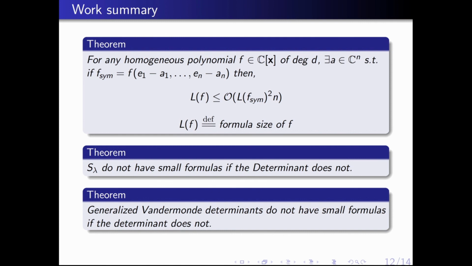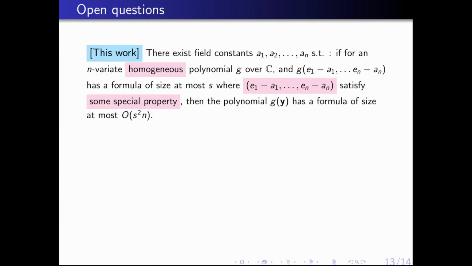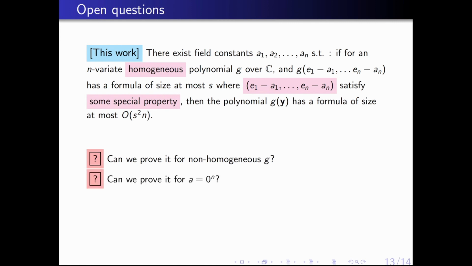And now let's look at the open questions that we pose. Recall this result that we have already seen. Here we would like to know whether we can prove this result for non-homogeneous G, because this result holds for homogeneous polynomial G. Can we extend it to non-homogeneous G? Can we remove this constraint? The second question would be, can we prove it for A where A is the 0 vector?